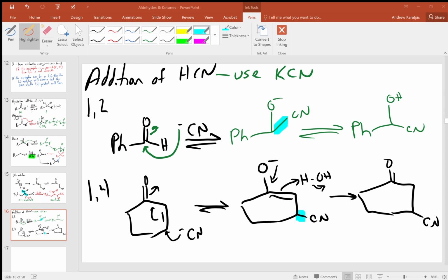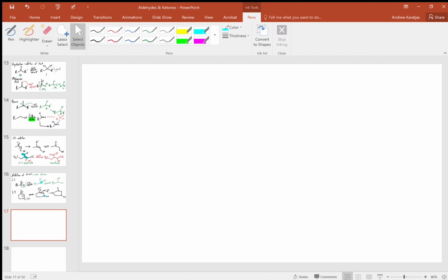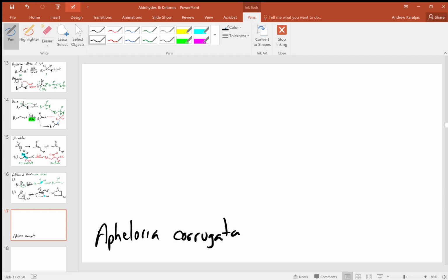Well, here's kind of an interesting application of this reaction. And it has to do with this species, Apheloria corrugata, which is a millipede.